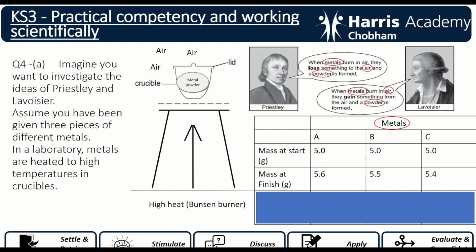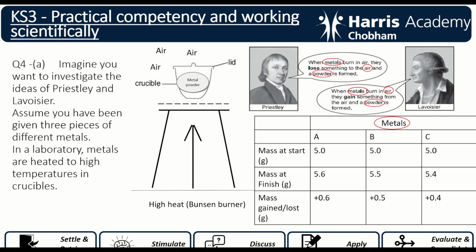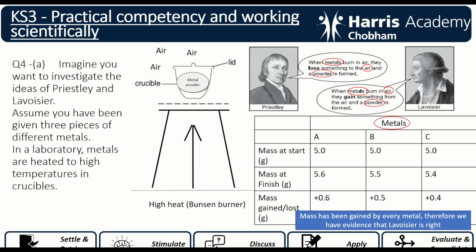Now, if our results at the finish, so that's after we've heated it for a sufficiently long amount of time, we find that the mass is, as I've given you in the example here, increased. Then, of course, we have a gain of mass in each of those cases, and this will provide evidence that Lavoisier was correct. So, how does this help you with the exam question? Well, most of the information that I provided you with here was already there in the exam question.